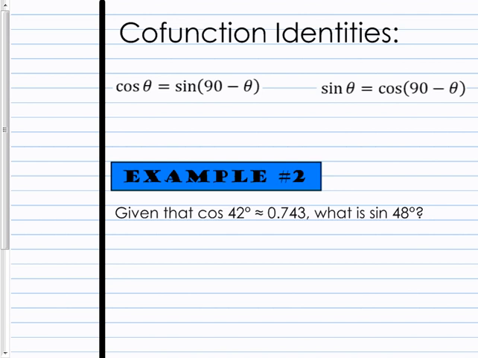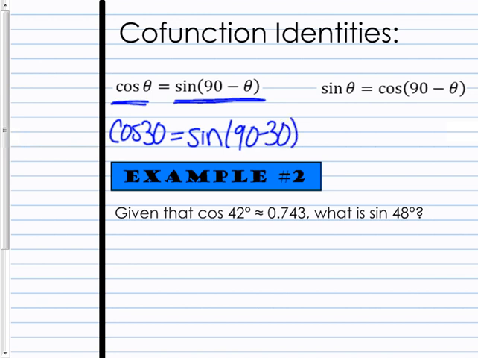Cofunction identities, okay? Cofunction identities mean that they're going to equal the same thing. So the cosine of an angle is the same thing as the sine of 90 minus that angle. These two things are equal to each other. So for example, the cosine of 30 is the same thing as the sine of 90 minus 30, which is 60.